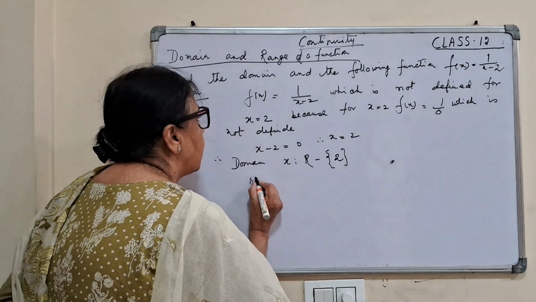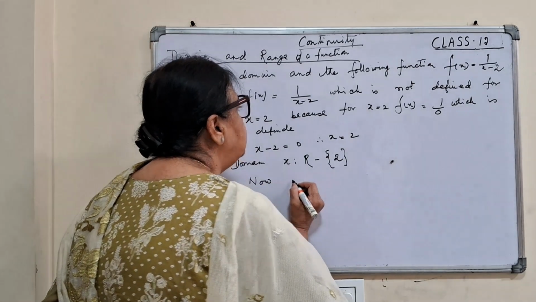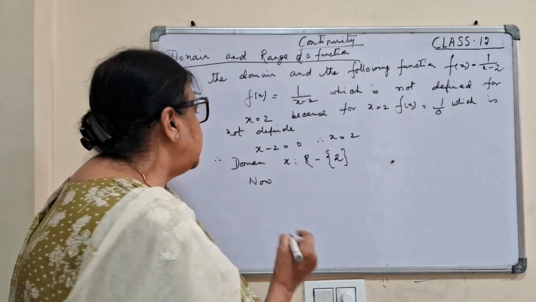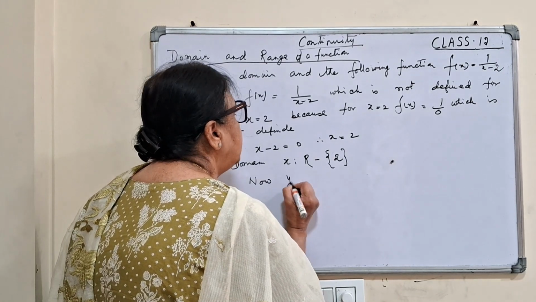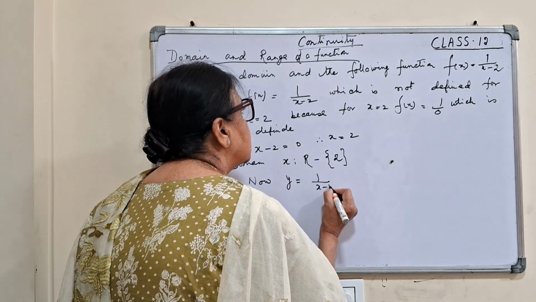Now, instead of f(x), I can write y equal to 1 by (x minus 2).